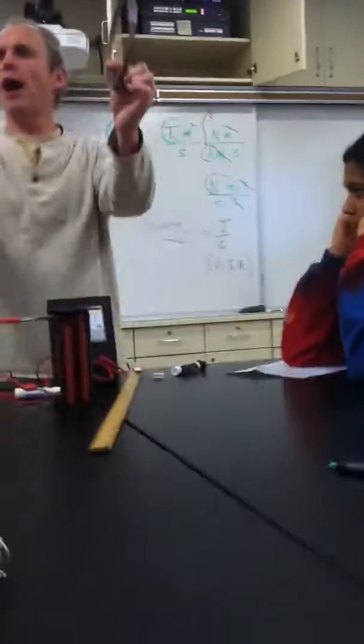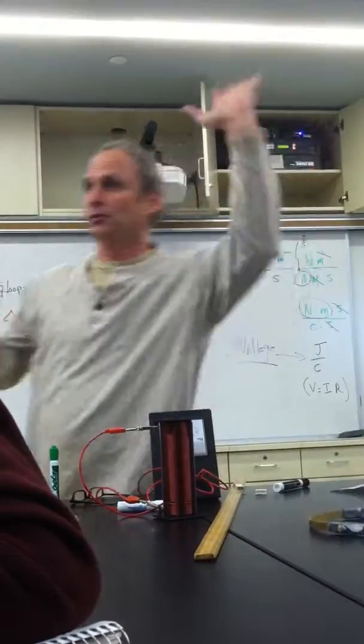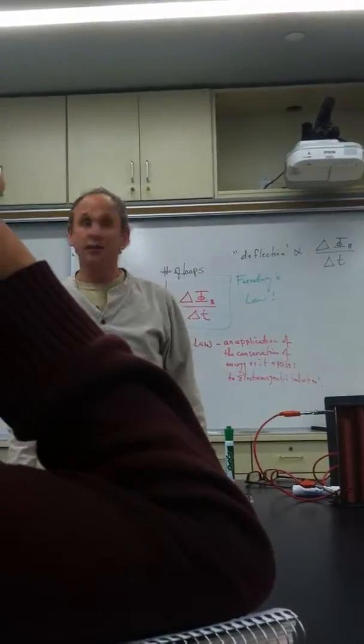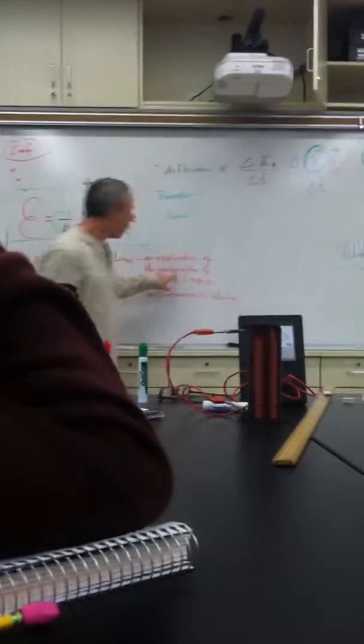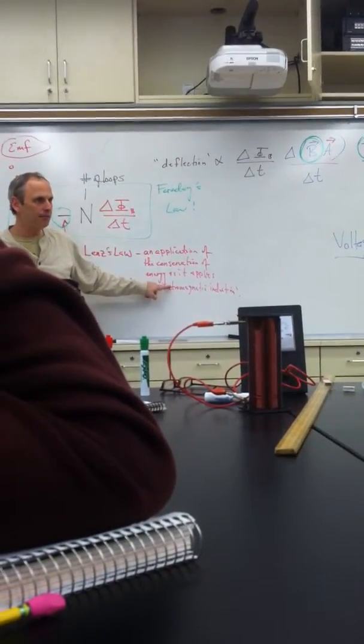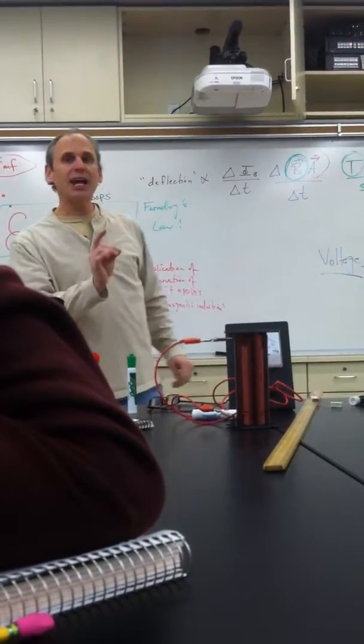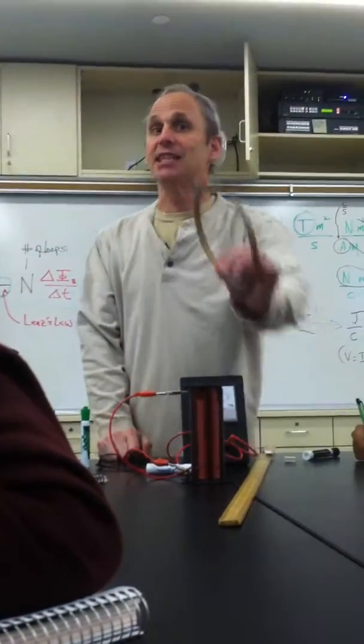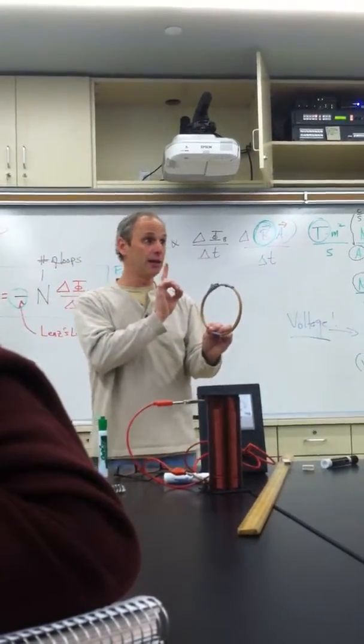I can't take a loop of wire and add a magnet to it and then have it produce all kinds of energy for me. That violates what? The conservation of energy. So, what has to happen instead is this. Listen carefully.